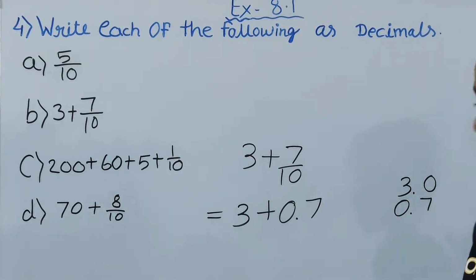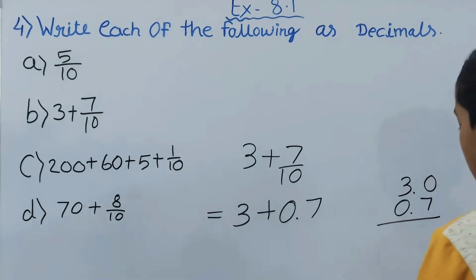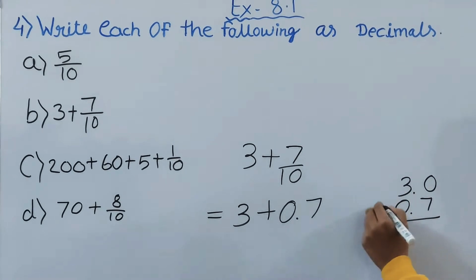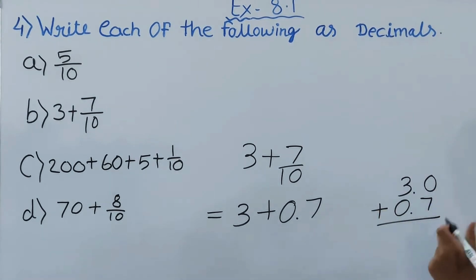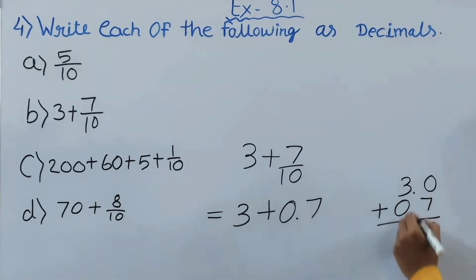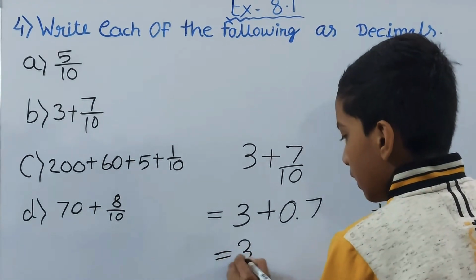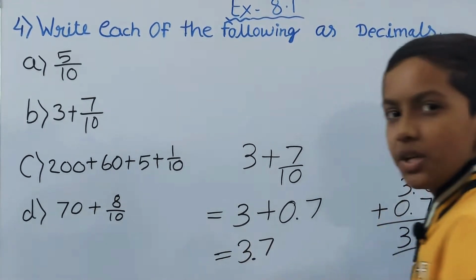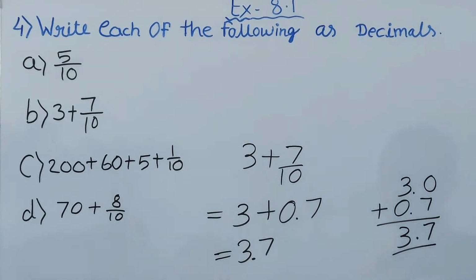Always make sure not to interchange the places or the addition will go wrong. Now we will simply add them. 0 plus 7 is 7, and we put this point over here as it is, and 3 plus 0 is 3. So this becomes 3.7, which is the final answer.